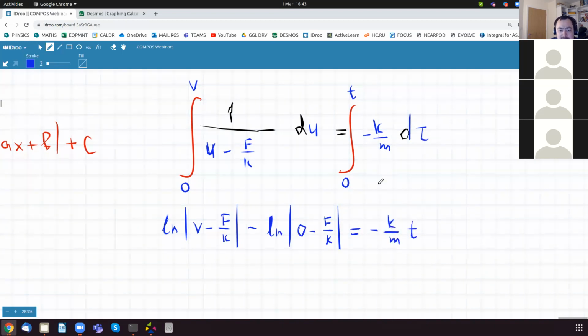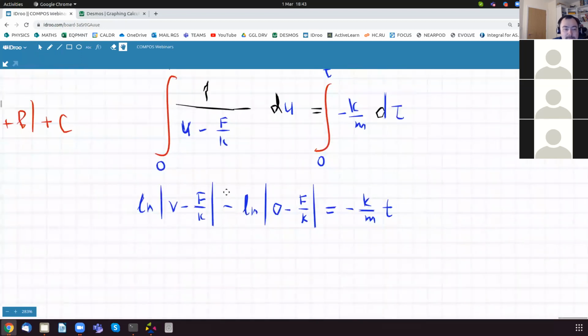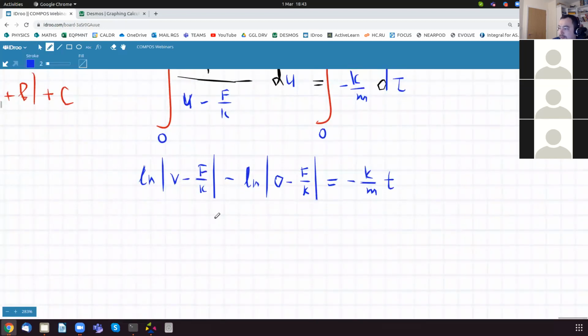I hope I don't need to explain why this is minus k over m t: you plug in t and then minus 0, so you're left with this t. And here, so you get this.